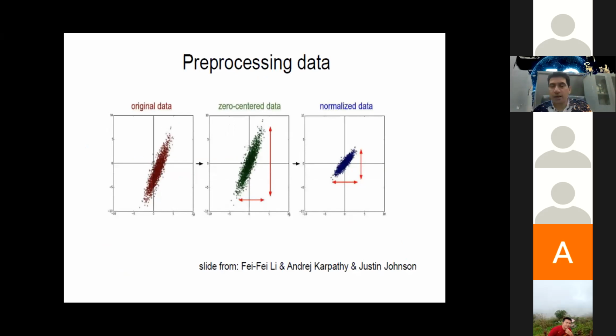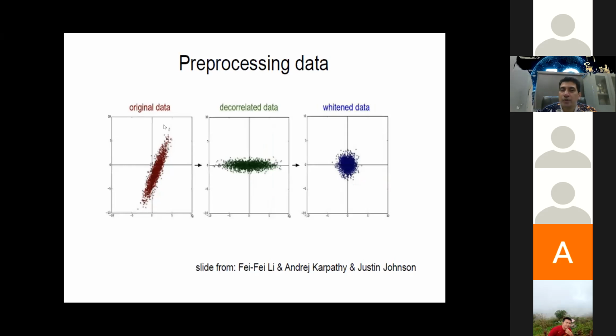When you process the data from an image processing point of view, these are some of the examples that you require. If this is the original data, you are pre-processing it. It is zero-centered. When you are normalizing this, this is the meaning of normalization of data. Zero-centered data, this is the original data. Also, if this is the original data, this is the decorrelated data.